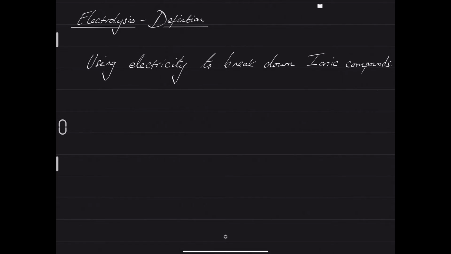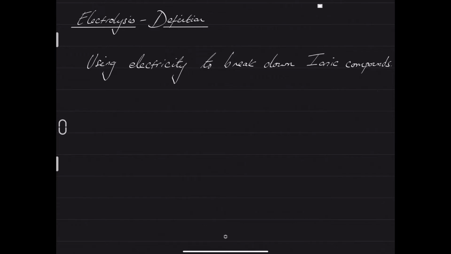So in electrolysis, we're using electricity to break down ionic compounds. And specifically, if you want to be more precise, we're using an electric current. So we've defined that electrolysis is the breaking down of an ionic compound via electricity.